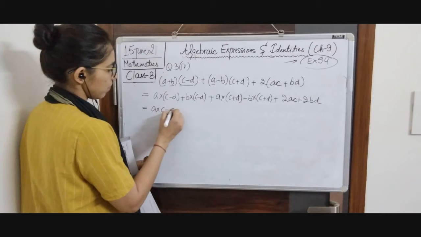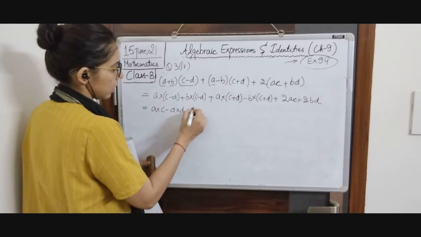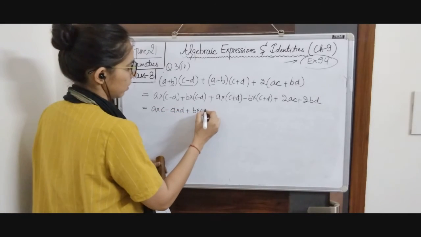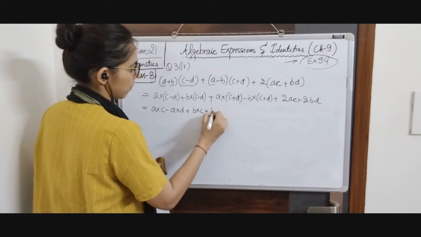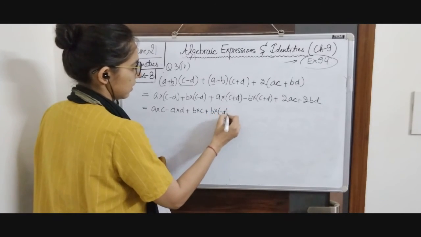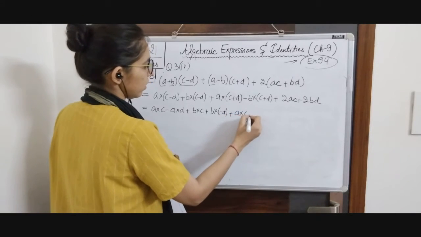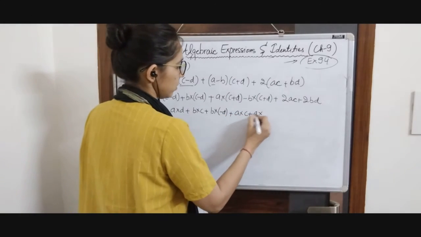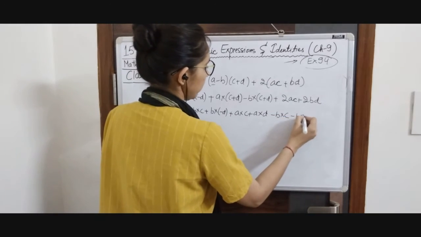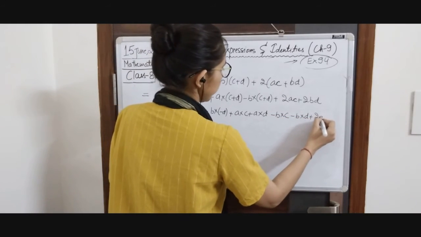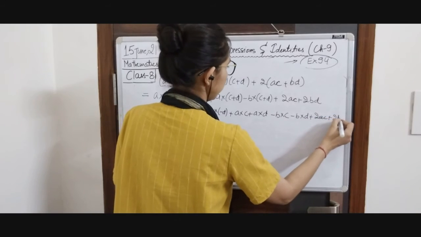A into C minus A into D, B into C plus B into minus D, plus A into C plus A into D minus B into C minus B into D plus 2AC plus 2BD.